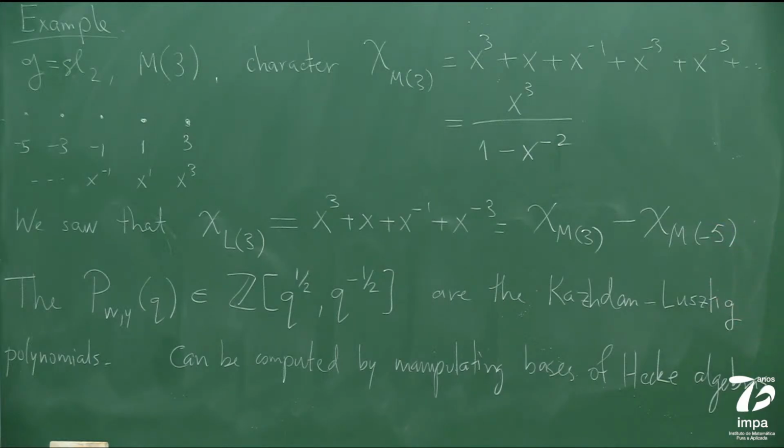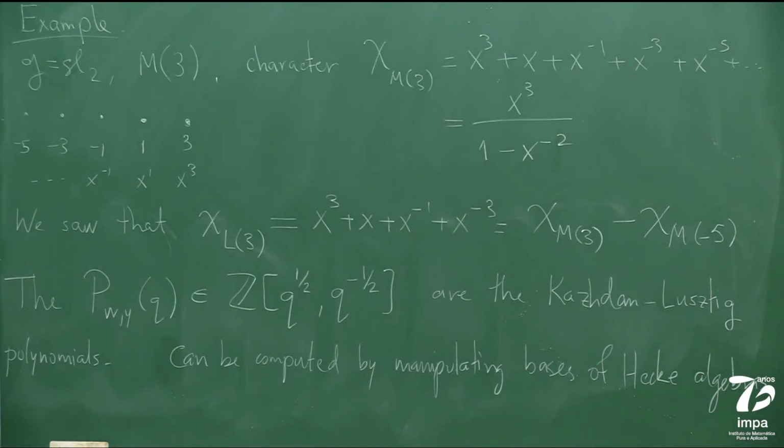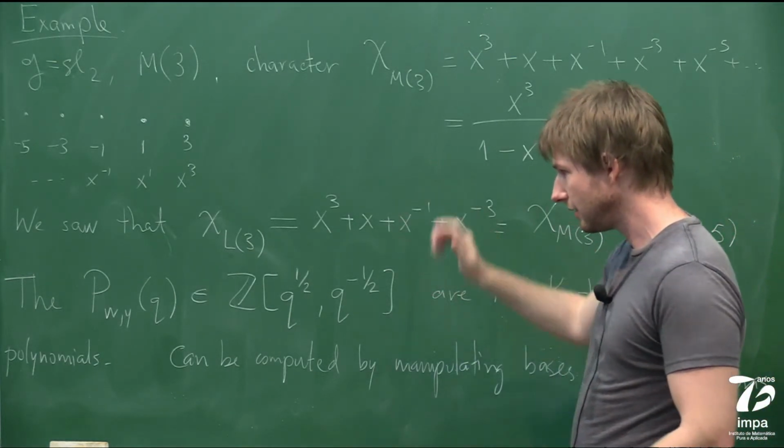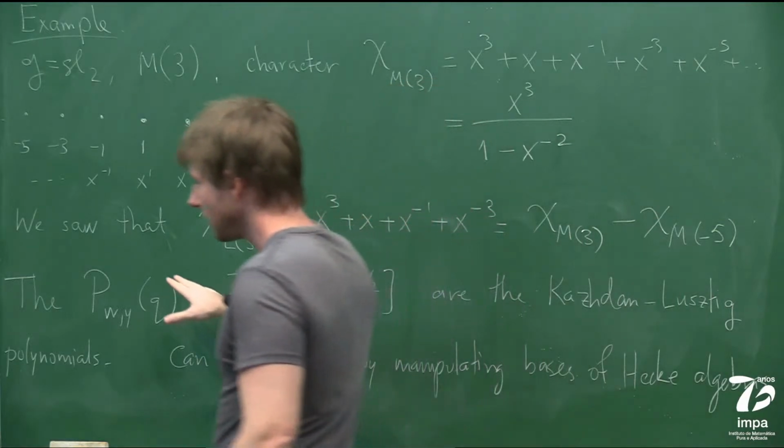You end up with, in a sense, a q-deformed group algebra. Then it has a natural basis, and it has some other more subtle basis, which is invariant under a certain involution introduced by these guys. And it turns out you can write down this change of basis matrix between the two in a recursive fashion. The coefficients then are these polynomials.